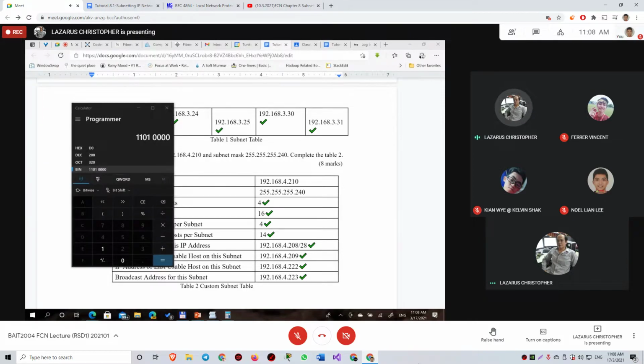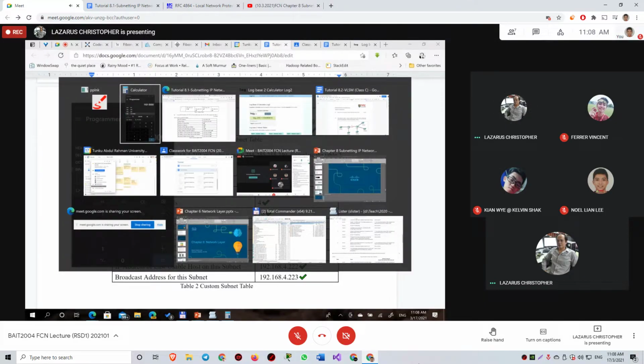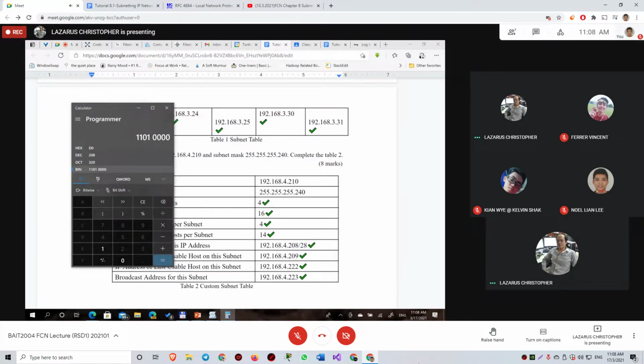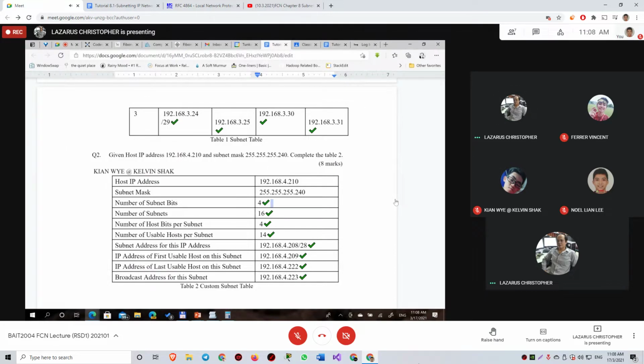Okay, the easiest way again to proceed from here: I solve for the broadcast first. So what is the magic number? 1, 2, 4, 8, 16. 16 is the magic number because the last one in the subnet mask is at position 16.